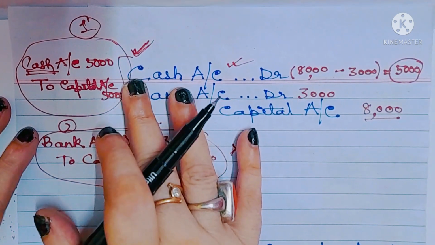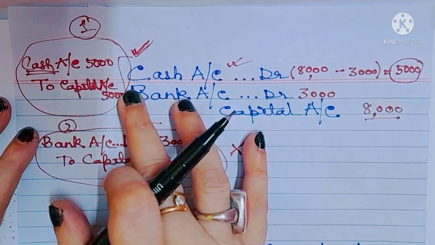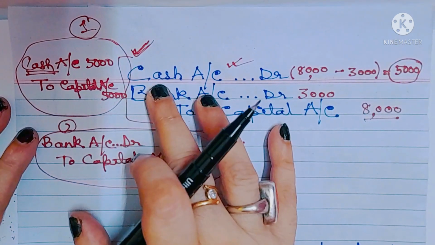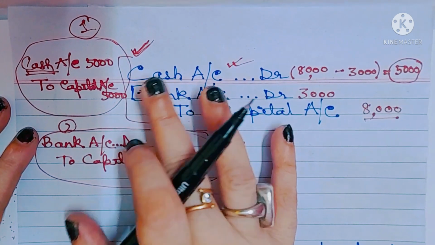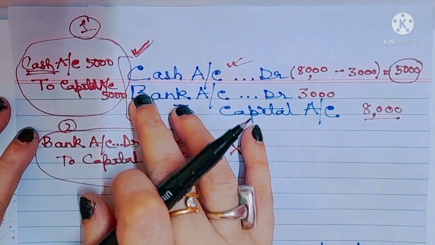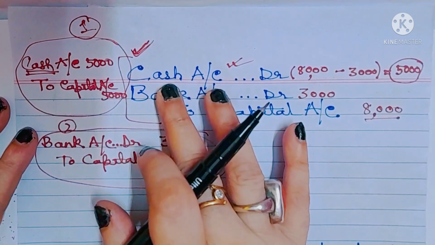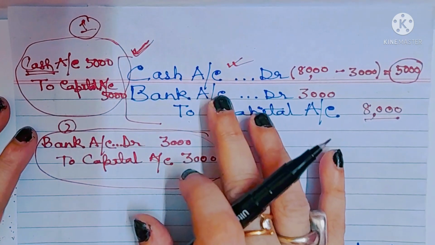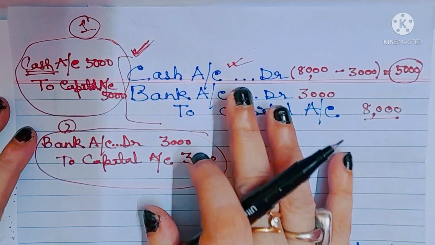If we want to record a journal entry in a single column cash book, what do we have to see? We always have to see that cash account is on the debit side or on the credit side. If cash account is neither on the debit nor on the credit, we can't record it in a single column cash book. Why? Because single column cash book only records cash transactions and no transactions relating to bank or banking transactions.